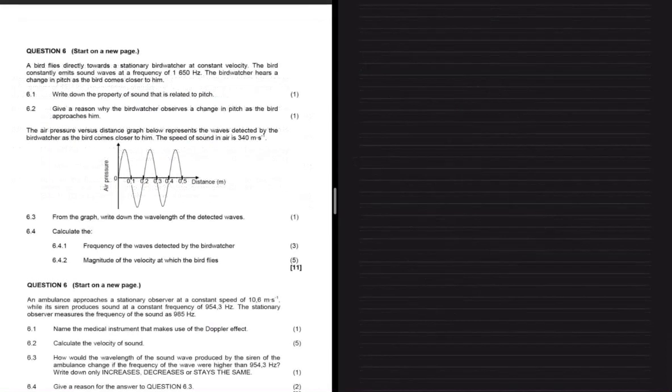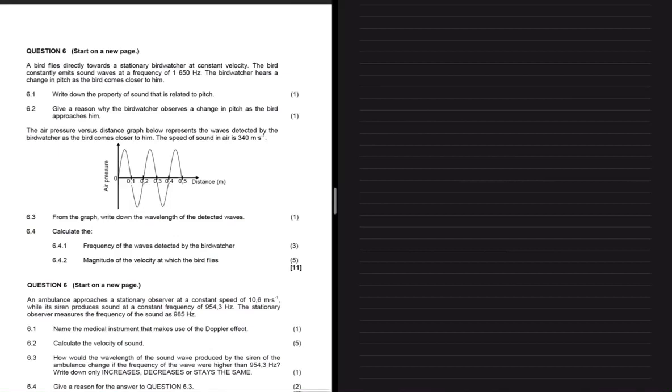Let's move ahead and do questions that are a bit different from what we're doing, that involve graphs and so on. On the left hand side, we have question 6. We're going to start by reading the problem statement like we always do. A bird flies directly towards the stationary bird watcher at constant velocity.